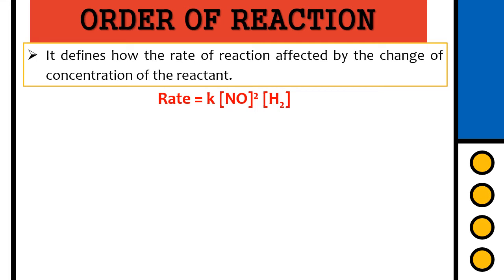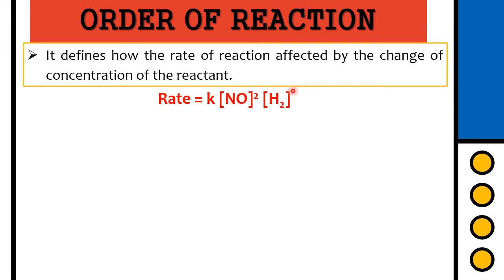Like we have mentioned before, the rate of reaction will be affected by the concentration of NO by second order, and by hydrogen by first order, and overall the rate will be affected by a third order reaction.